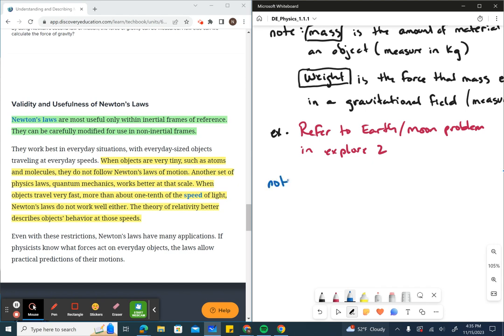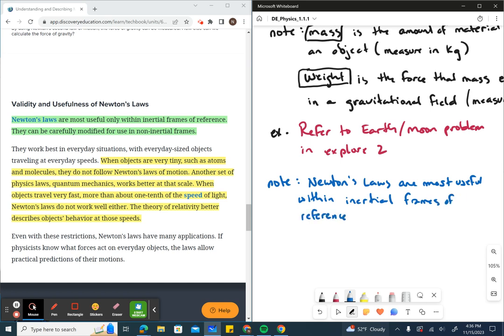This is important. Newton's laws are most useful within inertial frames of reference. They can be carefully modified for use in non-inertial frames of reference. So you can use them in both contexts, but you have to really be careful with the non-inertial.